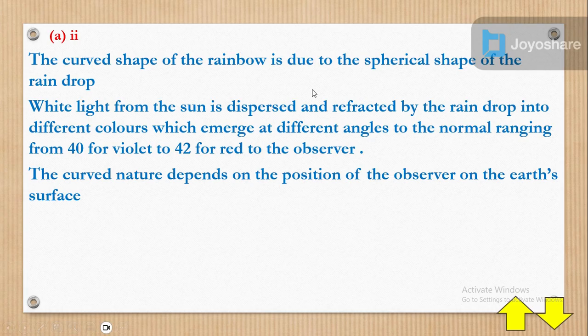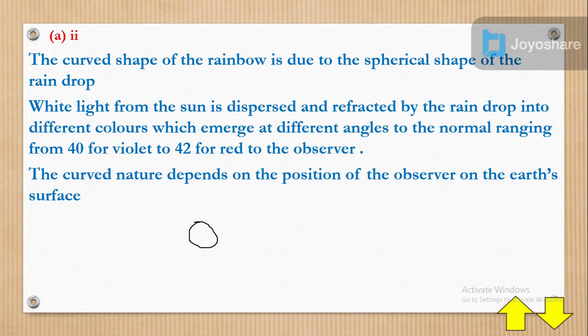Alright, good. So they're telling us that the curved shape of the rainbow is due to the spherical shape of the raindrop. I've explained that the raindrops are spherical. In fact, you all take the raindrop to be circular. However, it is not that, but it is spherical.